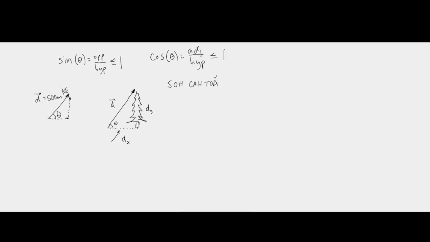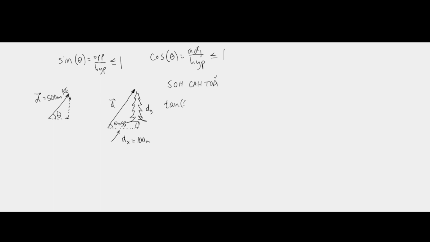So I have the adjacent side. Let's say it is 100 meters. And then if I have that and the angle, I can find dy. So let's give ourselves an angle here. Let's say that this is 50 degrees. So with that information, I'm going to write the definition of the tangent function.